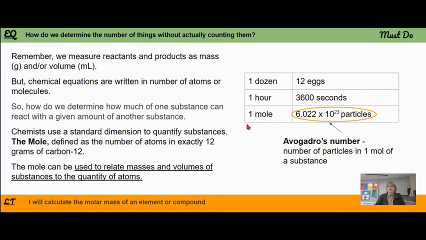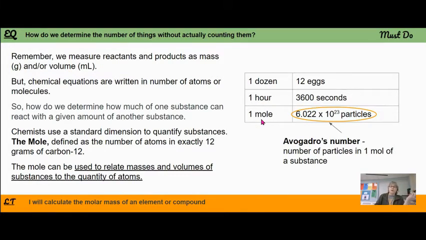Honestly, all you need to know is just that number. We're not going to do anything really with it. You just need to know that a mole is a number, much like a dozen is a unit that represents 12. An hour is a unit that represents 3,600 seconds.